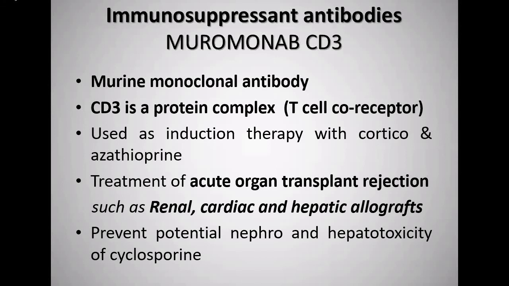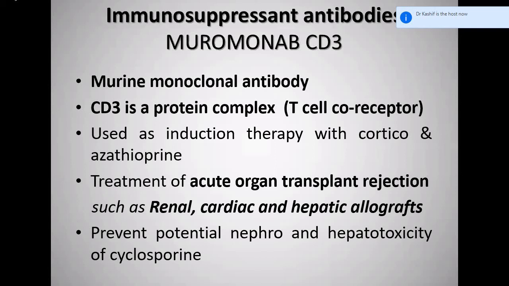For example, the first antibody we are discussing is muromonab. What is muromonab? Murine is a word used for the mouse or rat, mainly for rodents. So it is a murine monoclonal antibody, derived from mice, and specifically it's a CD3 protein complex inhibitor. What is CD3?